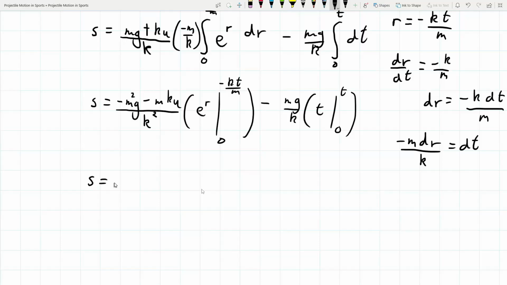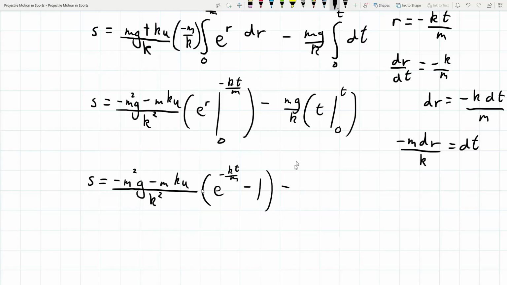S equals minus m squared g minus mku over k squared, multiplied by e to the minus kt over m, and then minus e to the 0, which is just minus 1, minus mg over k times t, and then when t is 0, that's all just going to be 0.